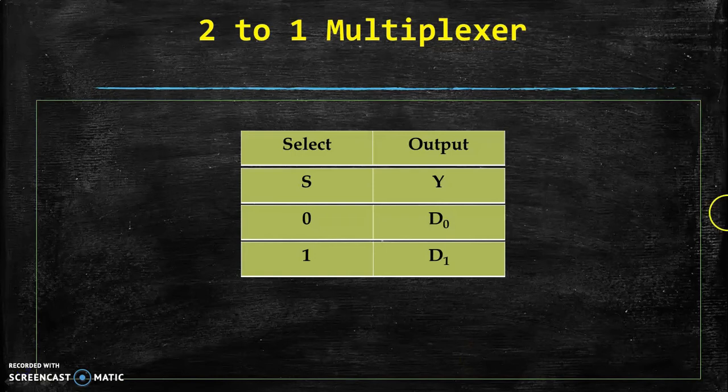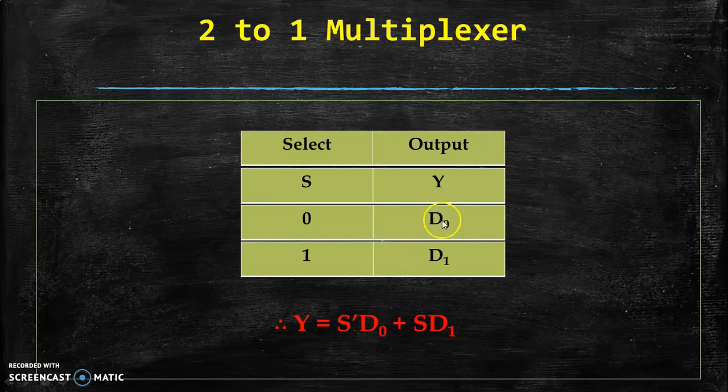So now let us prepare a Boolean function based on this truth table. We have two conditions, S is equal to 0 as well as S is equal to 1. When S is equal to 0, we write S bar dot D0.